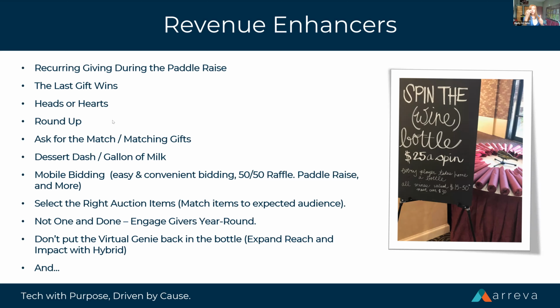And then we also go down to the $50 level, but only ask for that as a recurring donation. And it's amazing because we have raised an additional up to $48,000 for one event just in recurring donations. So it's something that many people don't do. It needs to be planned and executed properly, but it can increase your revenue anywhere between 10 and 30%. Great. Next item.